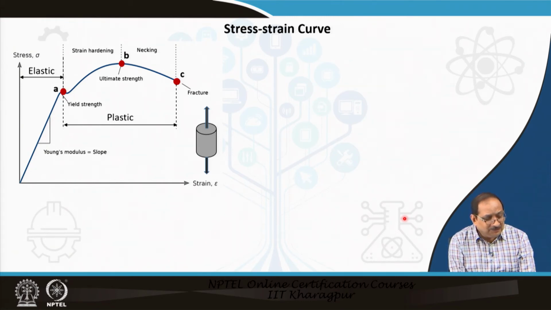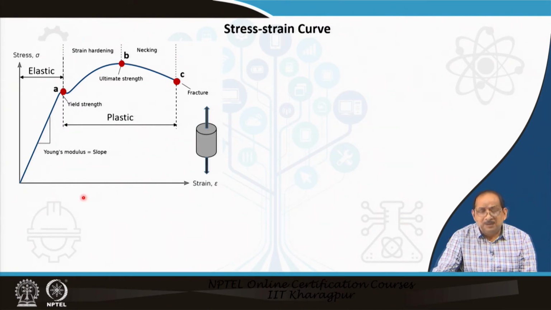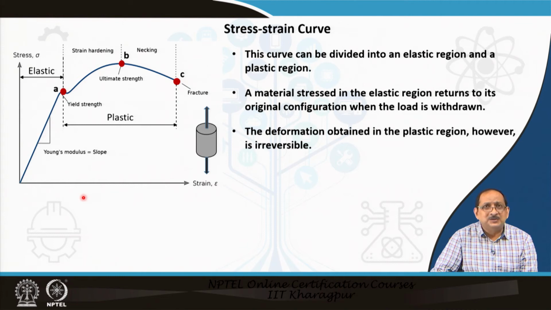The stress strain curve can be plotted from the data obtained from a tension test. So, herein we plot the stress strain curve corresponding to a ductile material. So, there are a few important key points in this curve as well as two distinct regions. The curve can be divided into an elastic region and a plastic region.